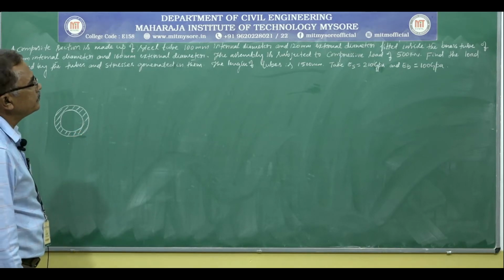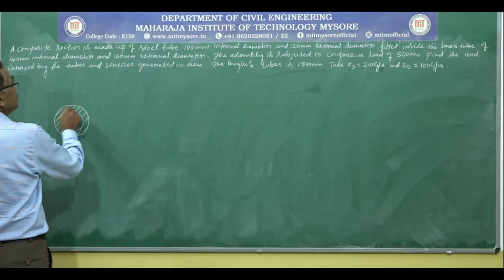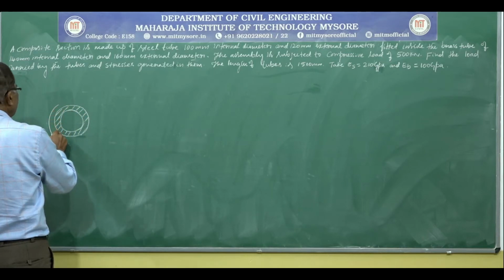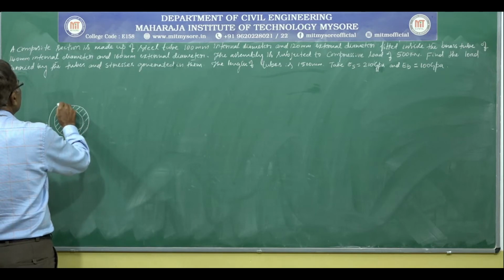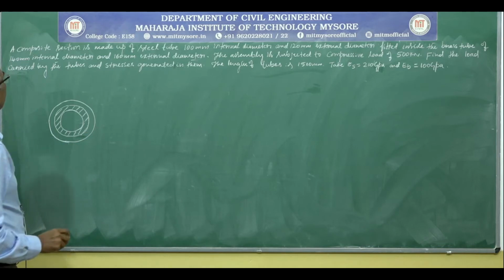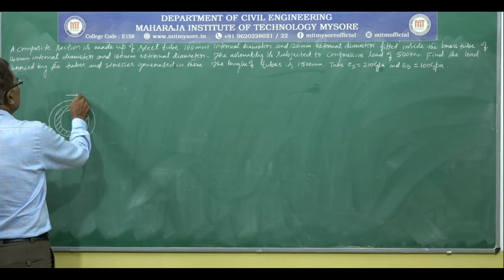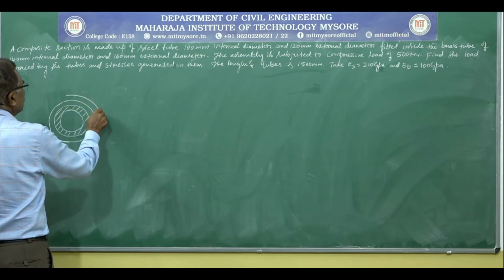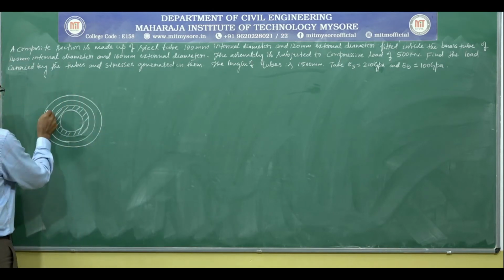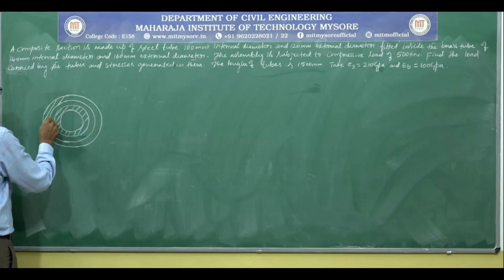It is fitted inside the brass tube of 140 millimeter internal diameter and 160 millimeter external diameter. So let us hatch this in different direction, because tubes are of different materials.